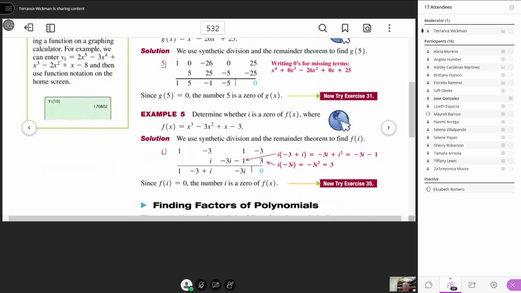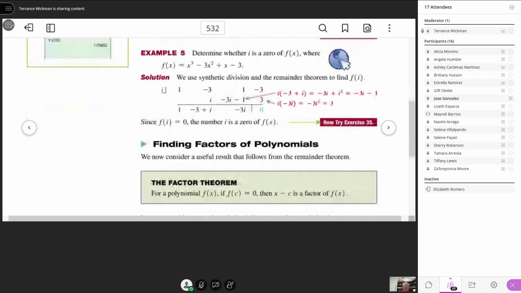Determine whether i is a 0 of f of x. Now, this is a little bit more complicated. So look, we're going to divide by i. And the rule is that if i is a 0, then negative i is also. It's always the same. So you bring down 1, you take i times 1, you get i. Negative 3 added to i, you get a negative 3 plus i. Multiply that by i again, so you get a negative 3i, and i times i is i squared, which is minus 1.